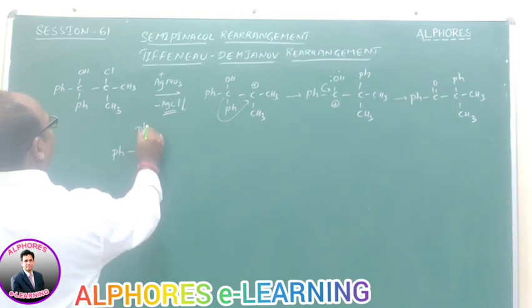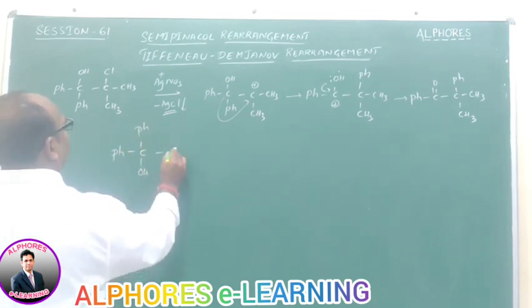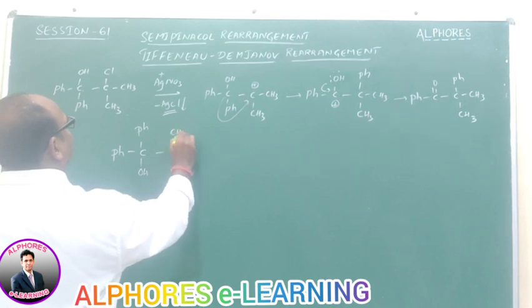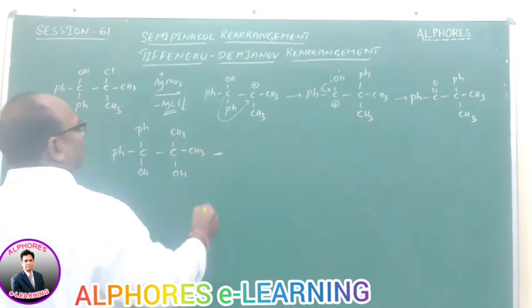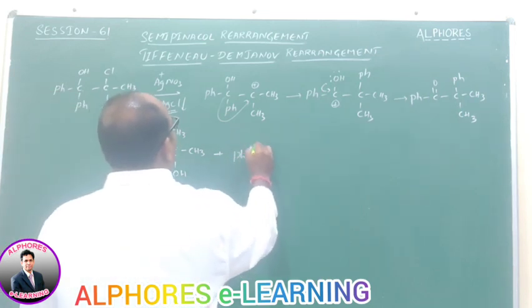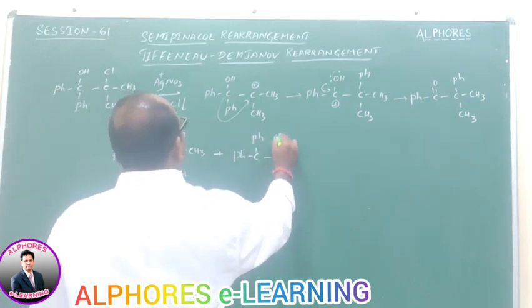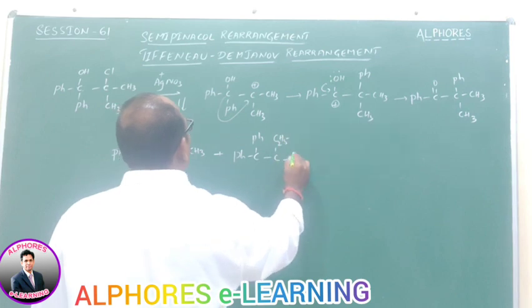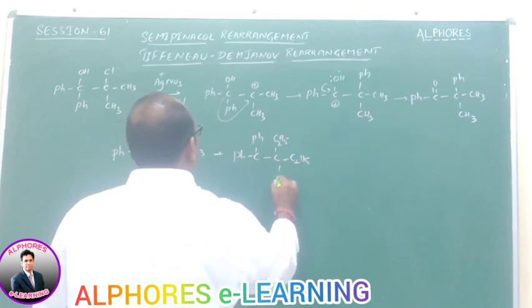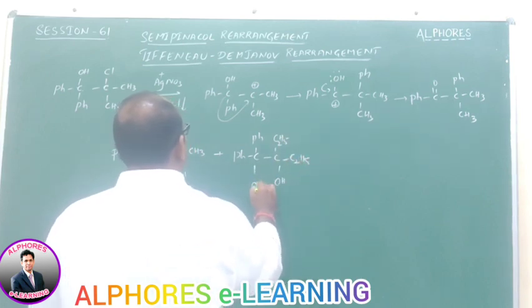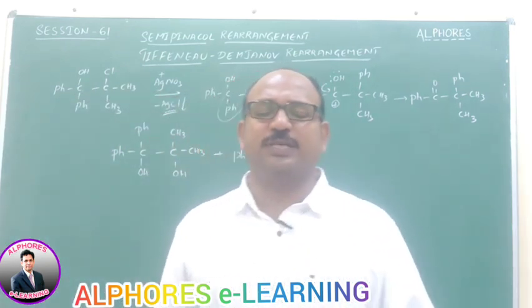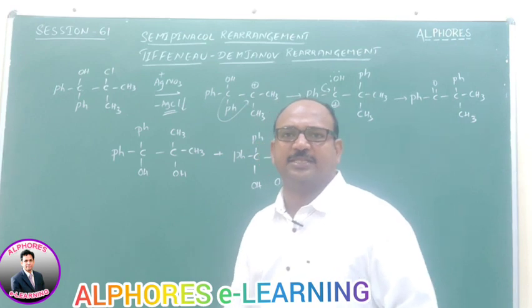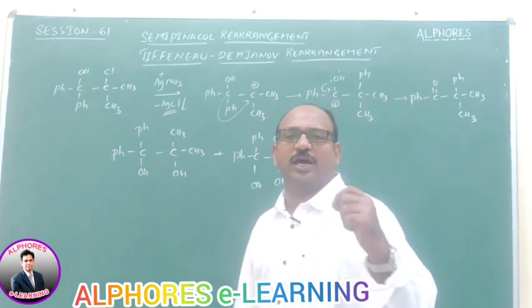Ph, C, Ph, OH, and this carbon with methyl and OH, plus Ph, C2H5, OH and OH. If these two substrates are individually involved in the reaction, what products are we going to get?